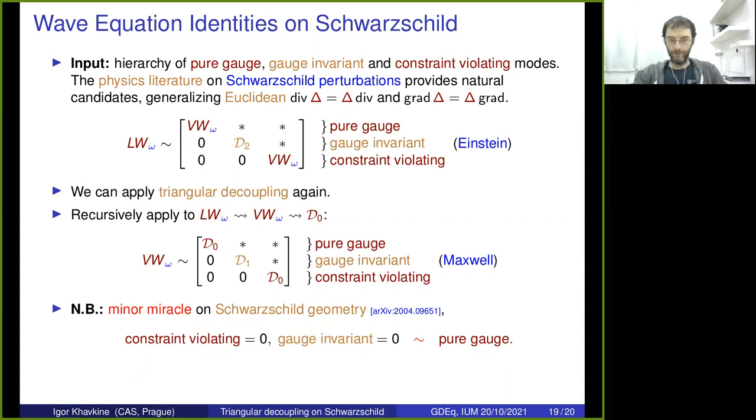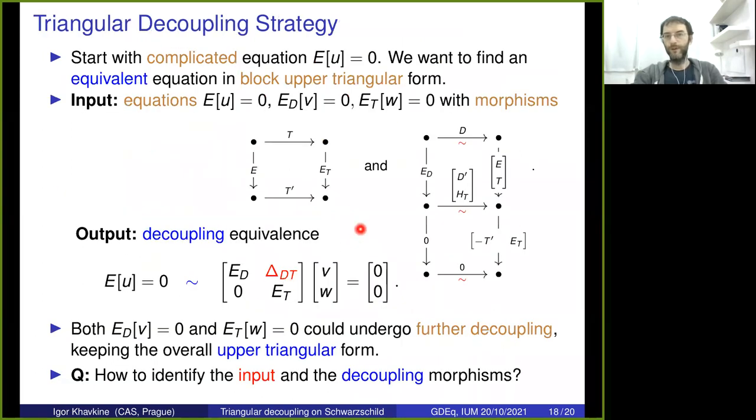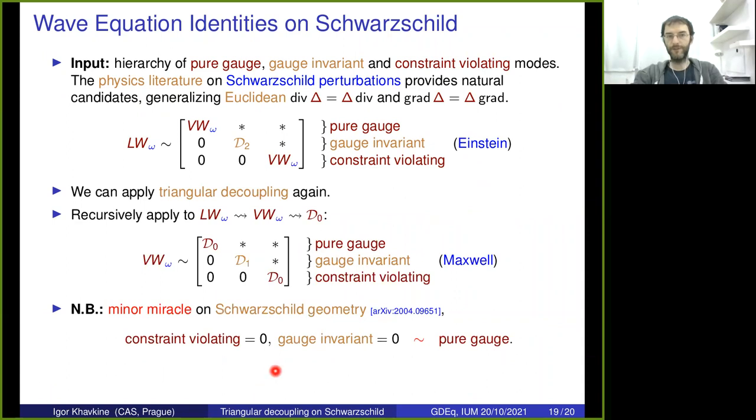which again has to do with being able to invert the morphisms in this diagram, which heuristically can be expressed as saying that the pure gauge system of modes obeys an equation that is equivalent to the one where you take the original equation that you're studying, and then you set the constraint violating gauge invariant modes to 0.